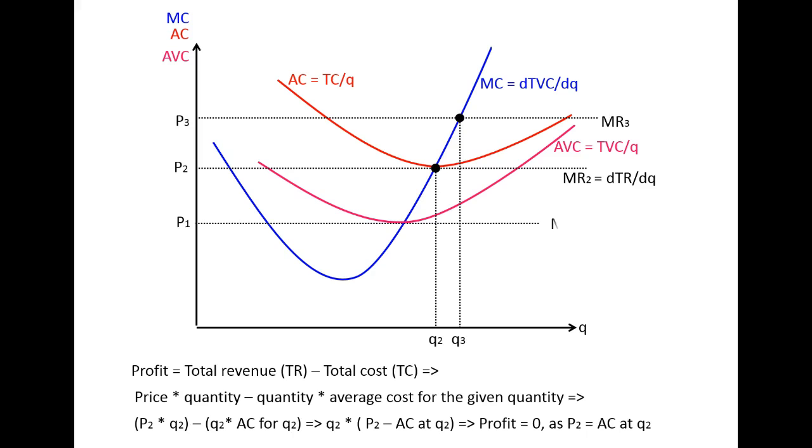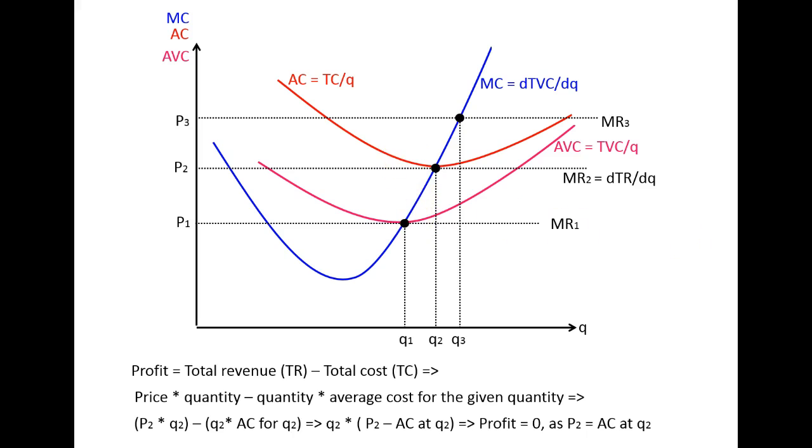So if we go the other way and go from P2 down to P1, we will receive marginal revenue 1. Same reasoning, we will have a profit maximizing quantity at Q1 here. We can calculate the profit, P1 times Q1, minus the average cost at Q1 times Q1. So we see that it's a negative difference between average cost and price at this quantity.